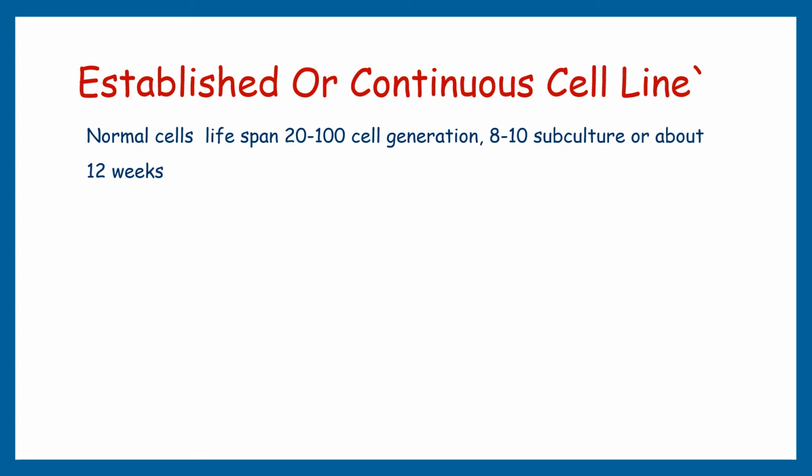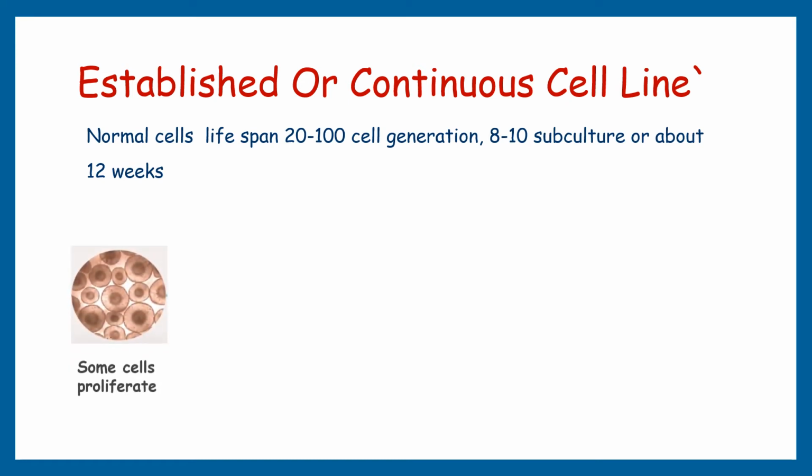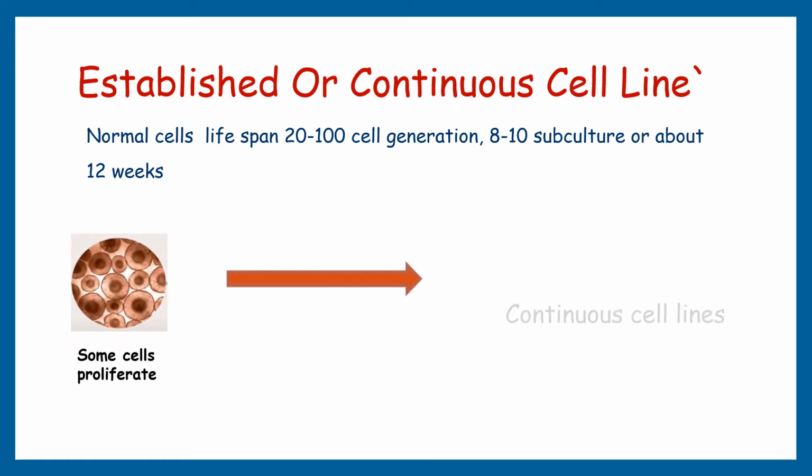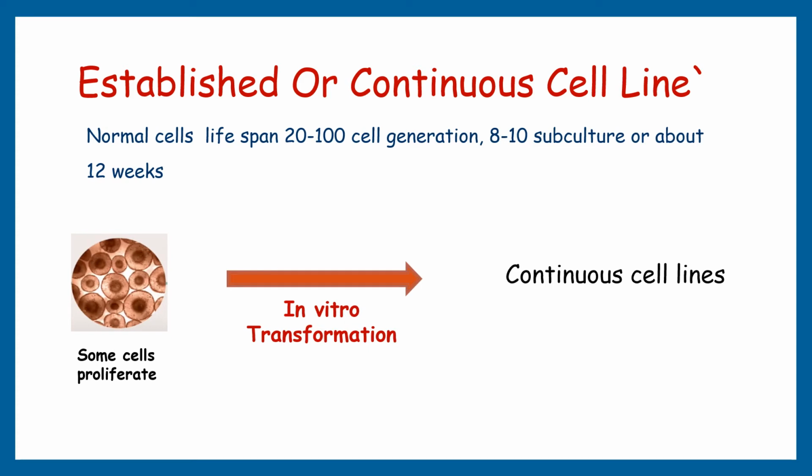If a culture survives this crisis, most of its cells die out, while some cells proliferate to give rise to continuous cell lines. The phenomenon that generates continuous cell lines is called in vitro transformation, which may either occur spontaneously or may be chemically or virally induced.